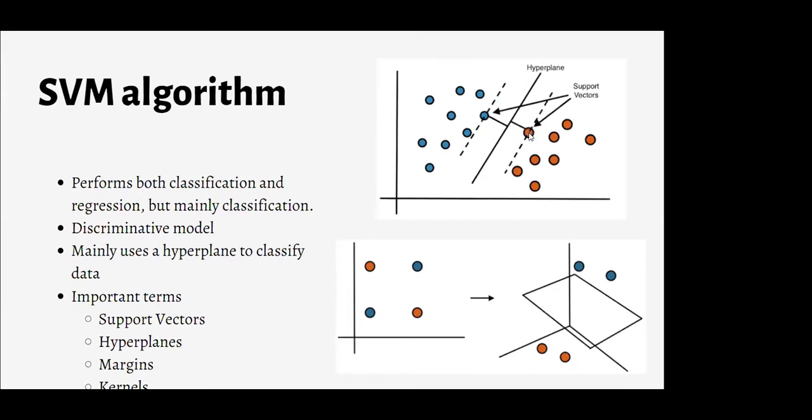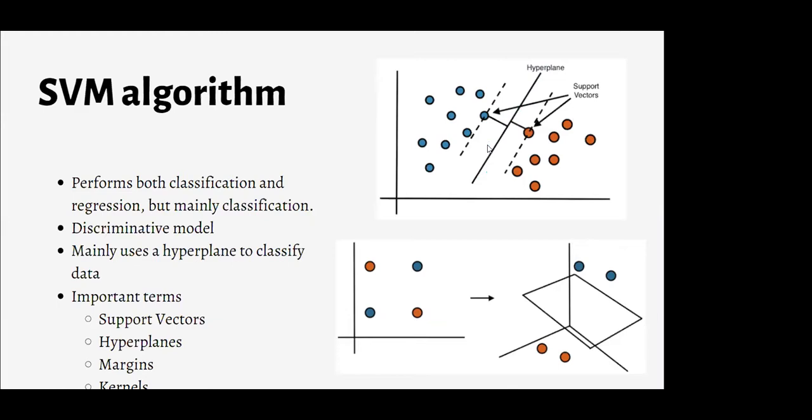The second important term is the hyperplane that I've been talking about a lot. A hyperplane is basically a decision boundary, a boundary that separates one class from another. In the 2D graph you can see, the hyperplane distinguishes between the blue data points and the brown data points. Hyperplanes differ by dimension.